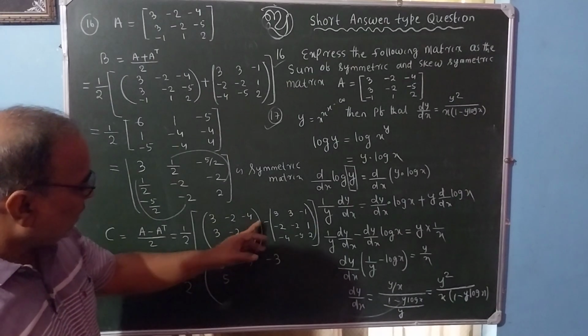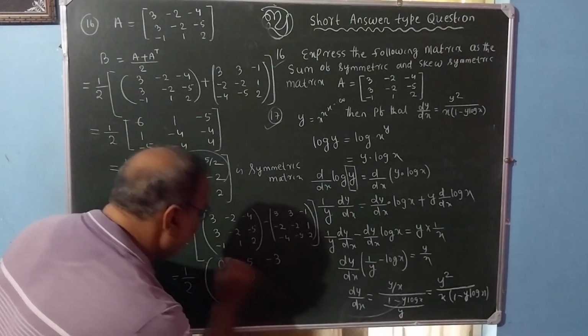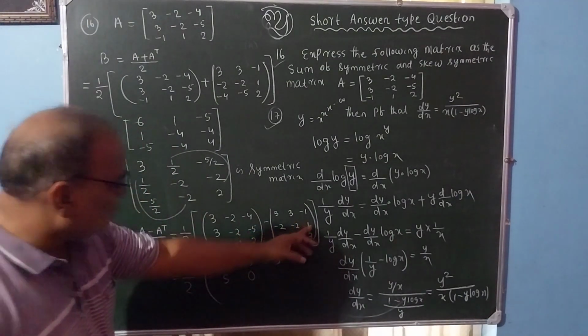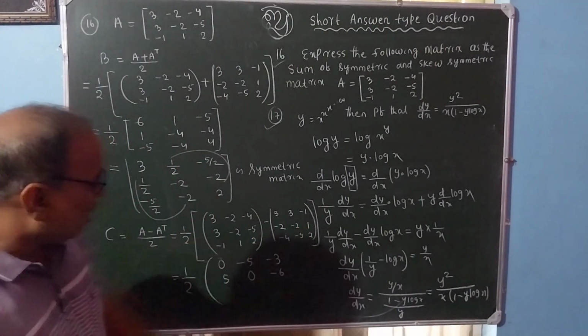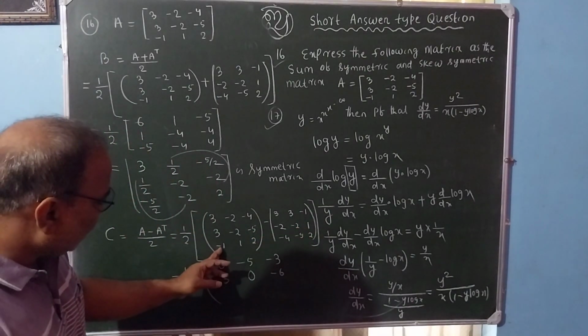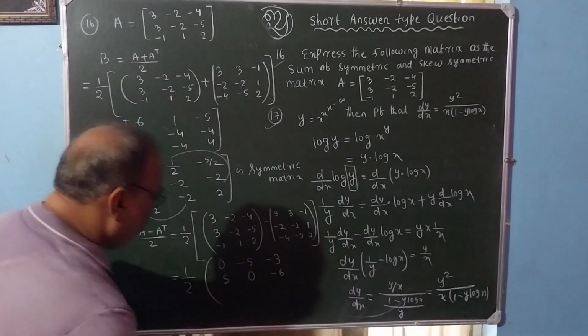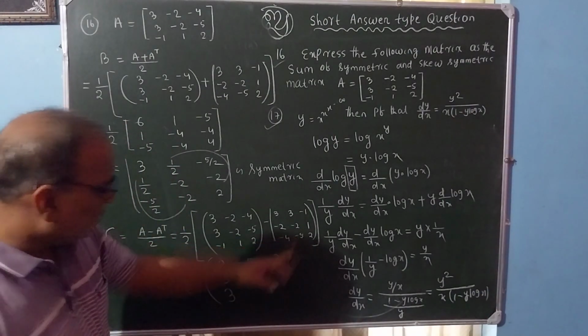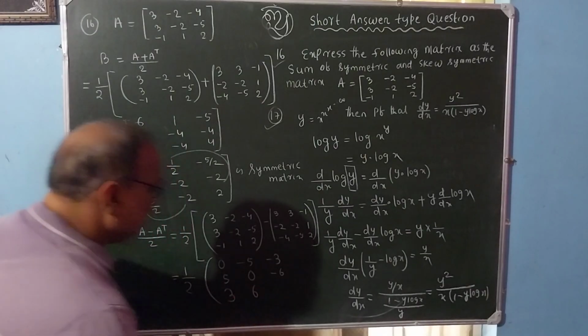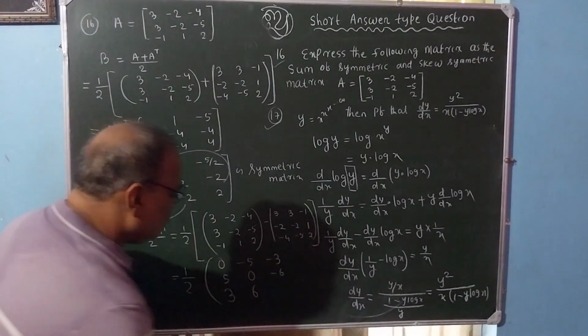Minus 2, here it is plus 2, it is 0. Minus 5 minus 1, it is minus 6. Minus 1 plus 4, it is 3. 1 plus 5, it is 6. 2 minus 2, it is 0.